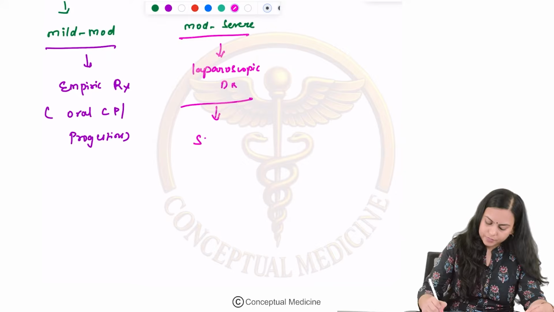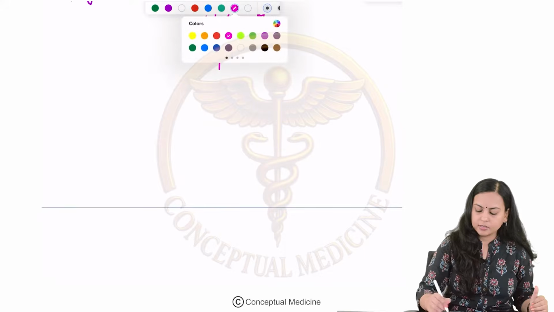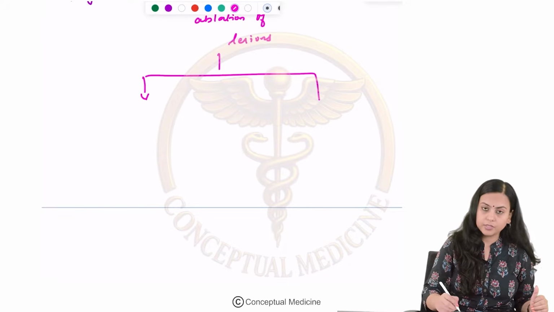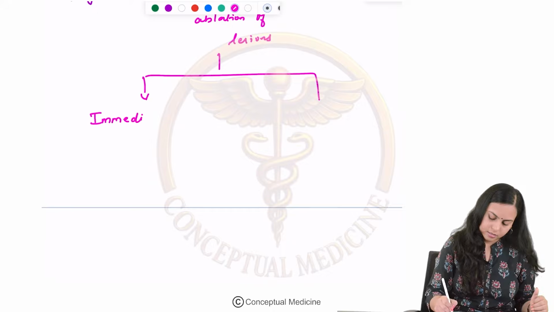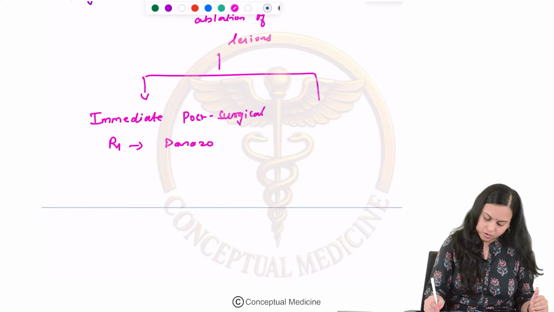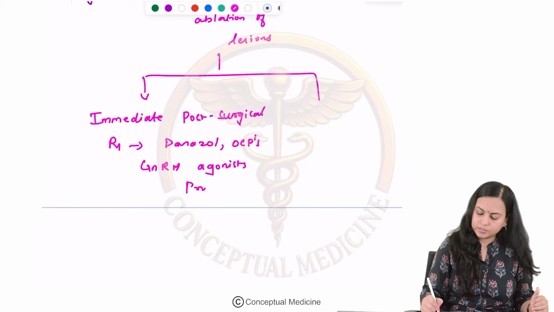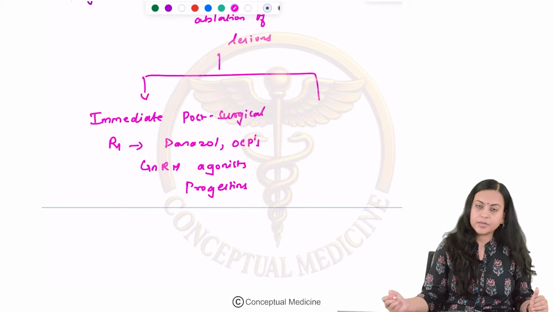Okay. When she has moderate to severe pain, then you can proceed on with the laparoscopic diagnosis and that can be followed by surgical excision and ablation of the lesions. Okay. And this can be soon followed with immediate post-surgical therapy with danazol or oral contraceptive pills or GnRH agonists, progestins, etc. Okay.